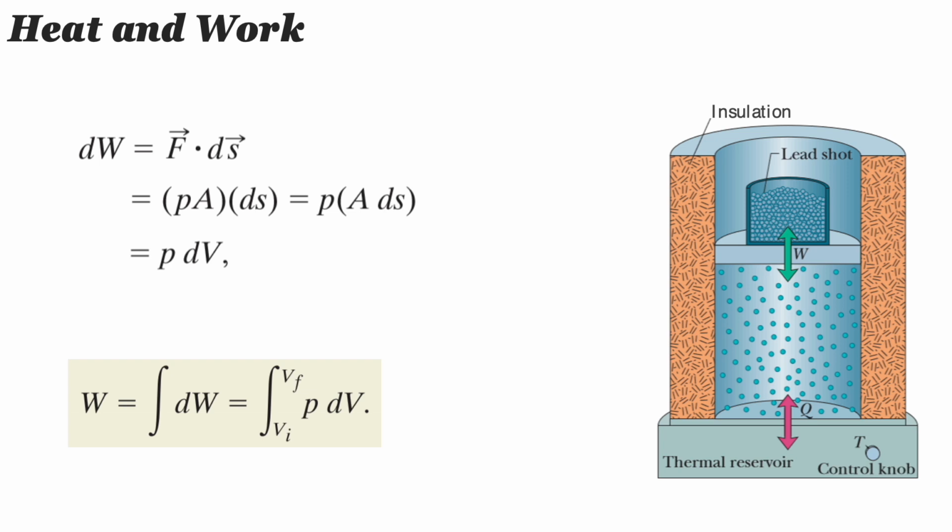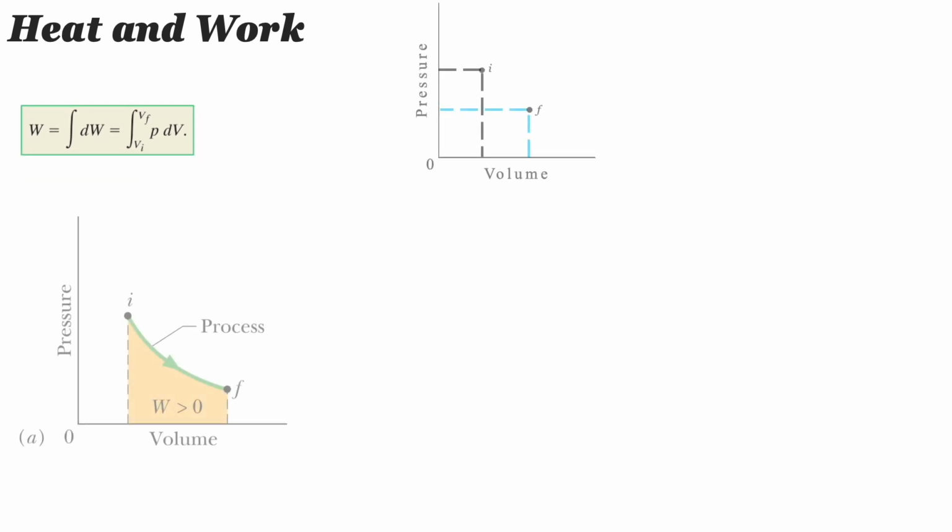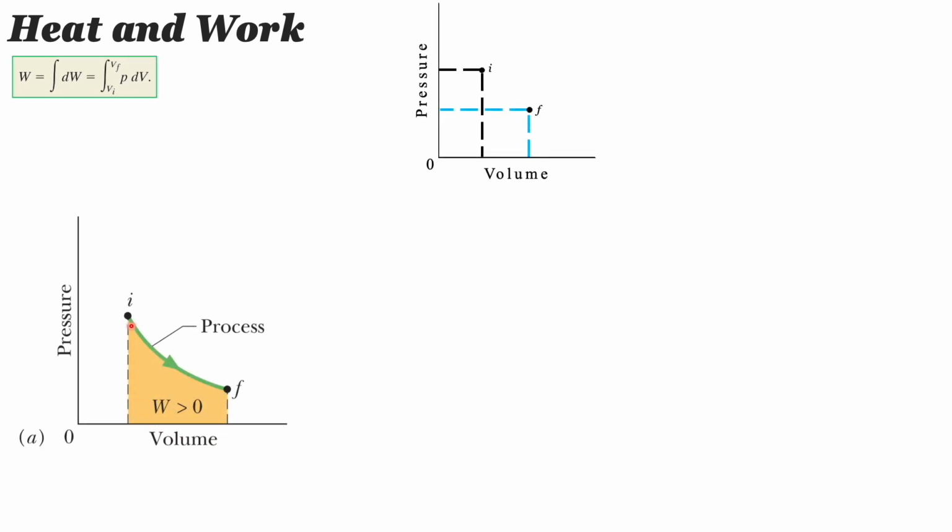Okay, now let us see how we can calculate work done for different types of thermodynamic processes in which we follow various different paths, because in moving from initial state to final state there can be an infinite number of paths that we can follow. First one, the one that you saw in the first example.